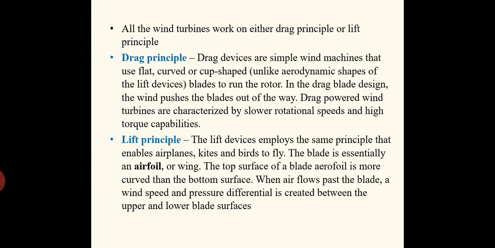That is how the rotation is created. The next blade comes in contact with the air and is again pushed back. So the continuous pushing of the blades will create the rotary motion, since all these blades are connected to a rotor. Drag powered wind turbines are characterized by slower rotational speeds and high torque capabilities.